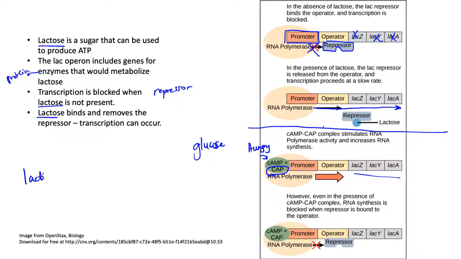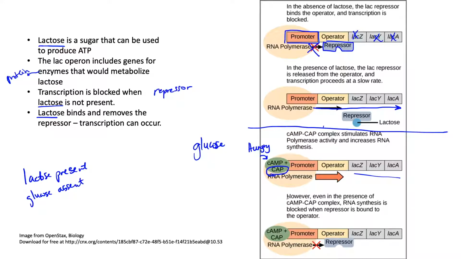We have to have lactose present. That removes the repressor. And we have to have glucose absent so that these hungry signals will bind and they will act as transcription factors that will promote more transcription.